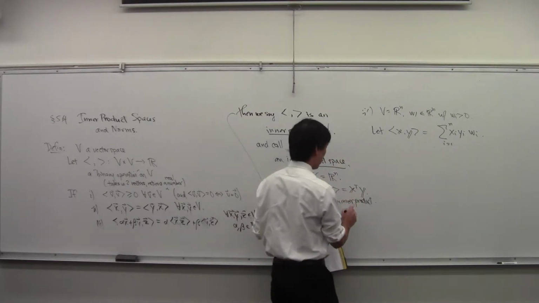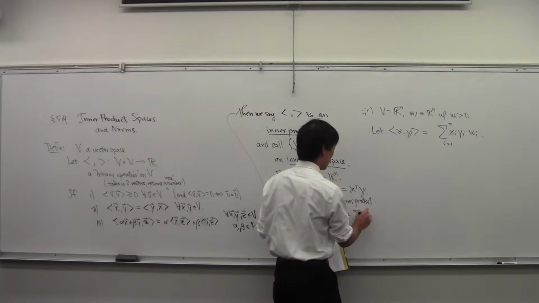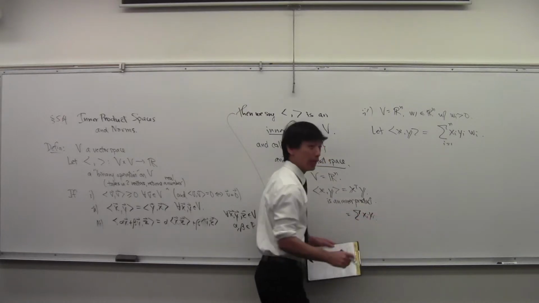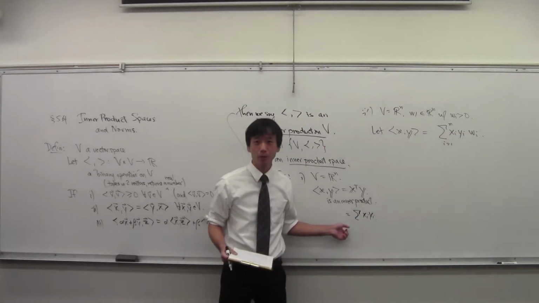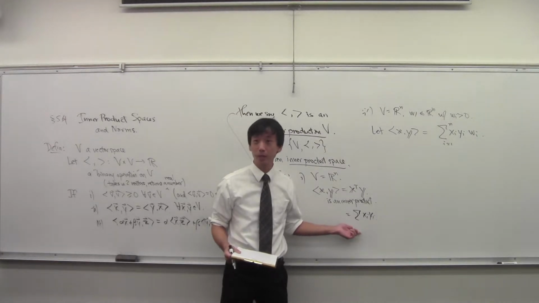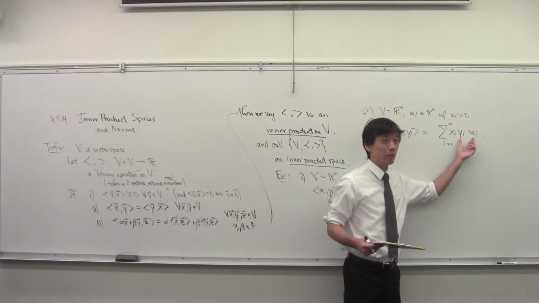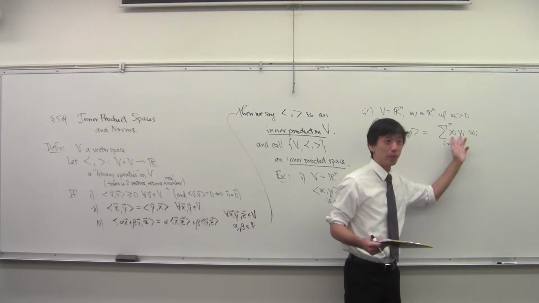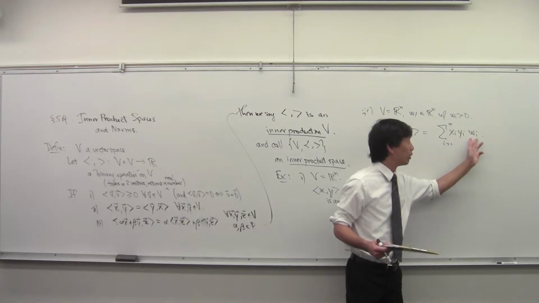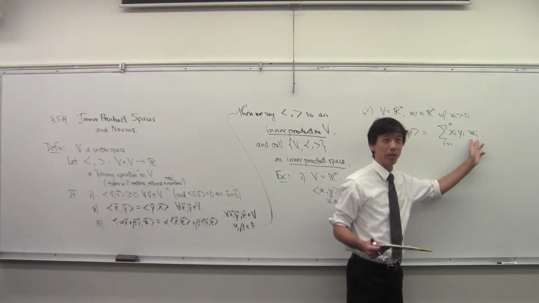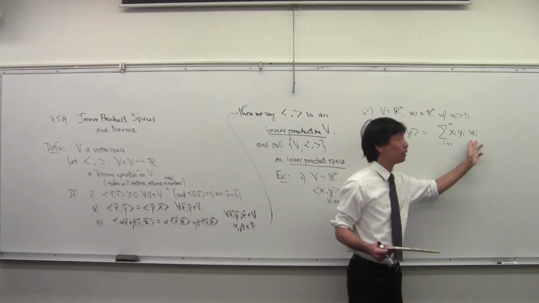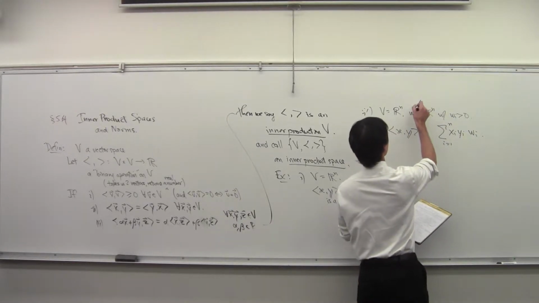Our old dot product is of course summation xi, yi, right? Now we're going to do something funny. We're going to multiply the corresponding components, and we're also going to multiply them by an extra number. We call this thing a weight.